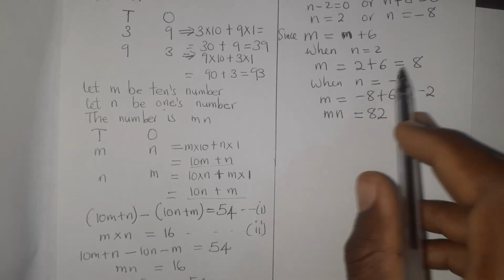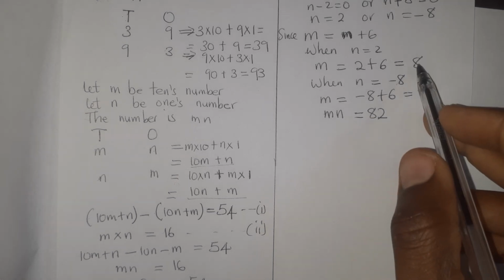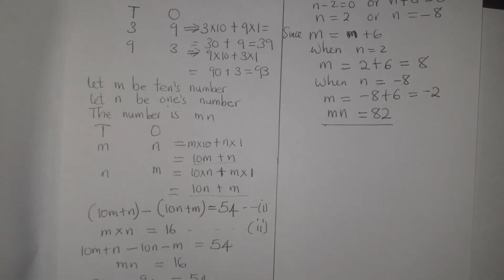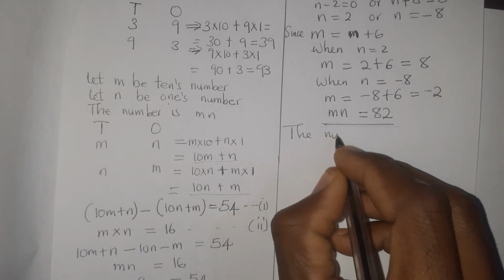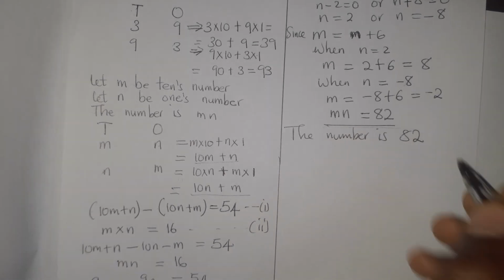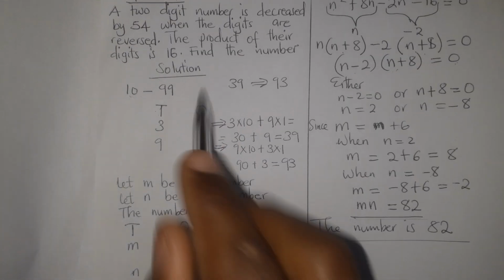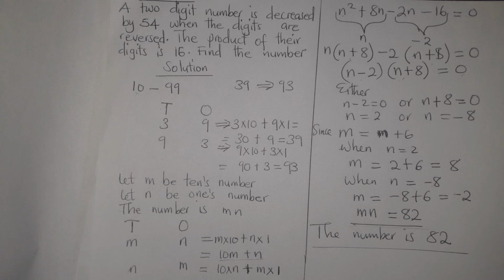So we can ignore them and concentrate on positive numbers. So the original number is 82. This is the number. To conclude, we say the number is 82. That means we have answered the question to find the number.